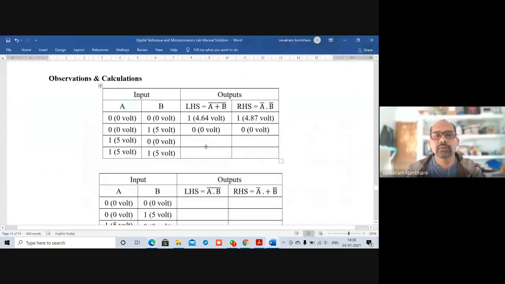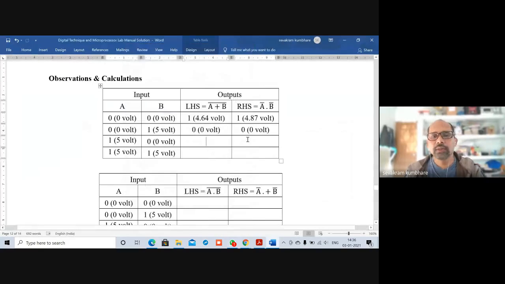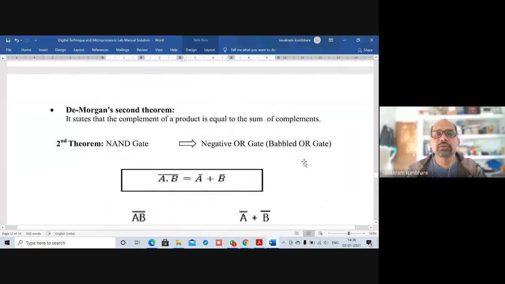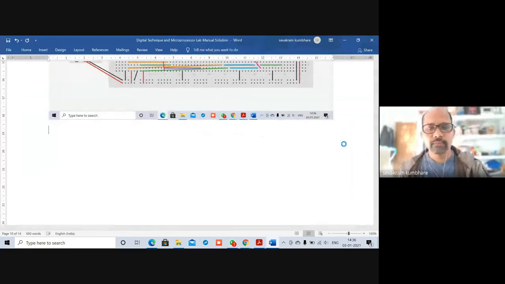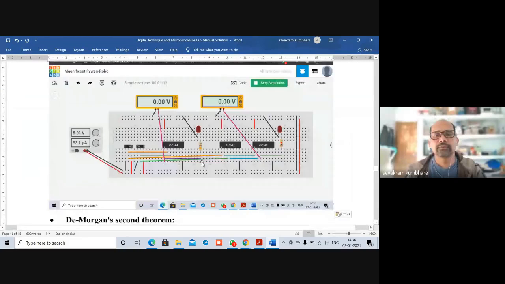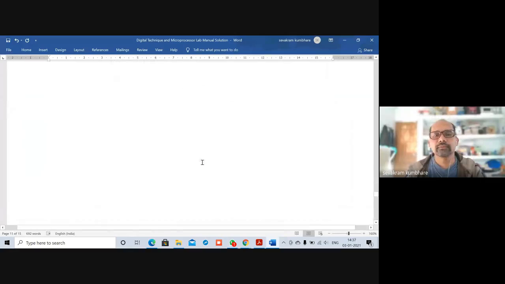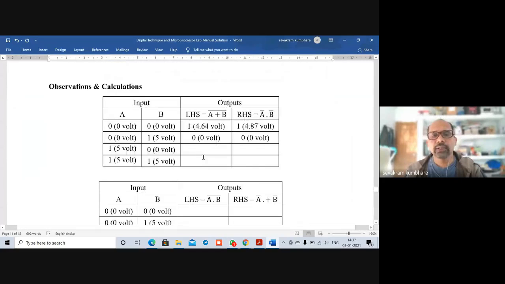So this is also off, and this is also off. Correct? So 0 0. Note it down. Have you noted? Yes, sir. We are getting both the same.